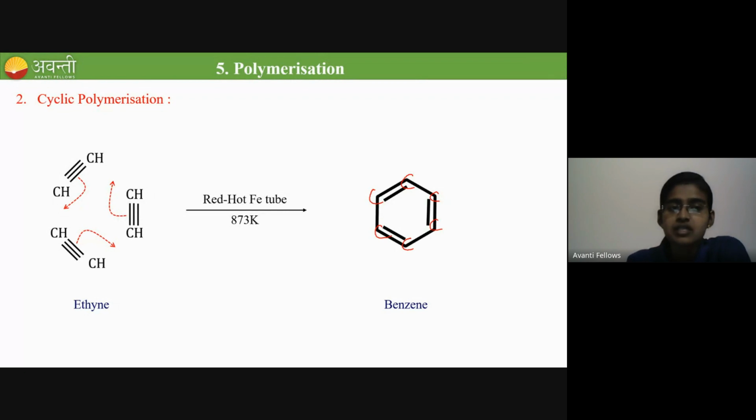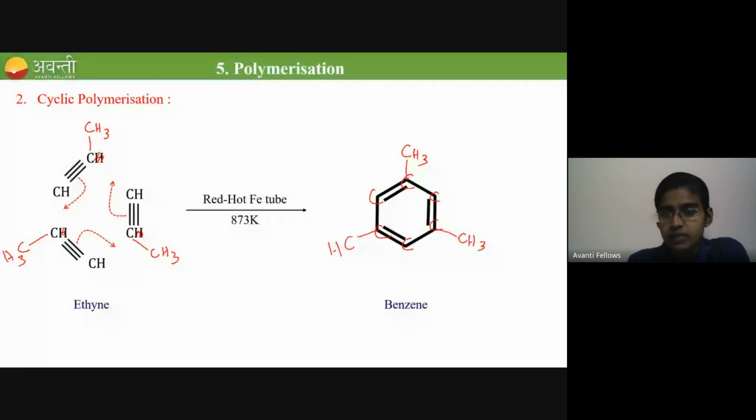Propyne means I have to replace one of the hydrogens by a methyl group, right? So what will I get if I take propyne? So this is propyne, 3 moles of propyne. I'll get the same ring, but there will be a substitution, right? There will be a methyl substitution here.